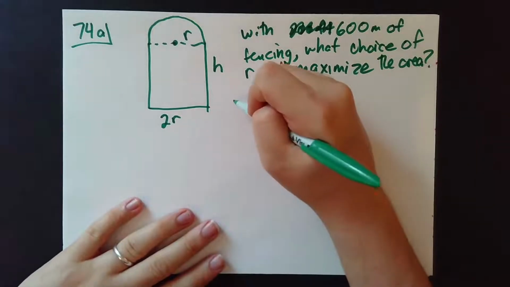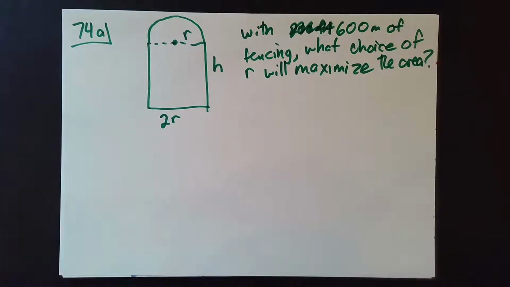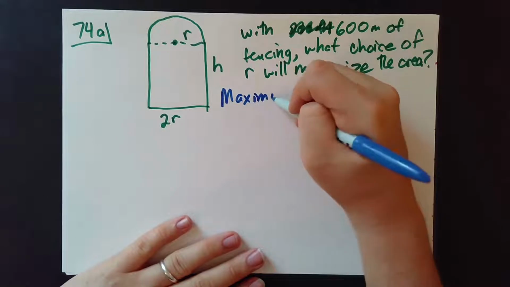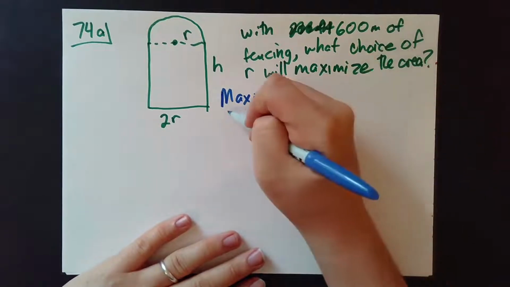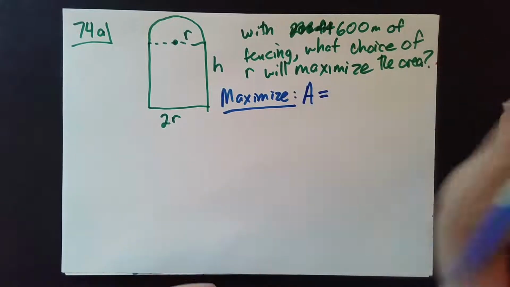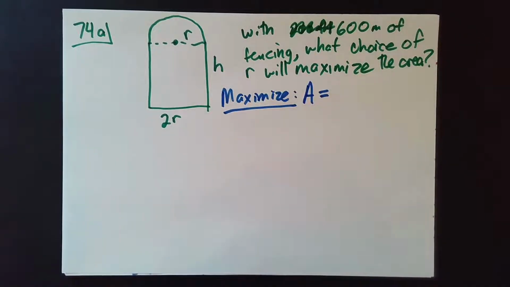So the thing to optimize, and in this case maximize, is area. And so I have to write down what is the area. In this case, I actually gave you a pretty fleshed out picture so that we can figure out the area.